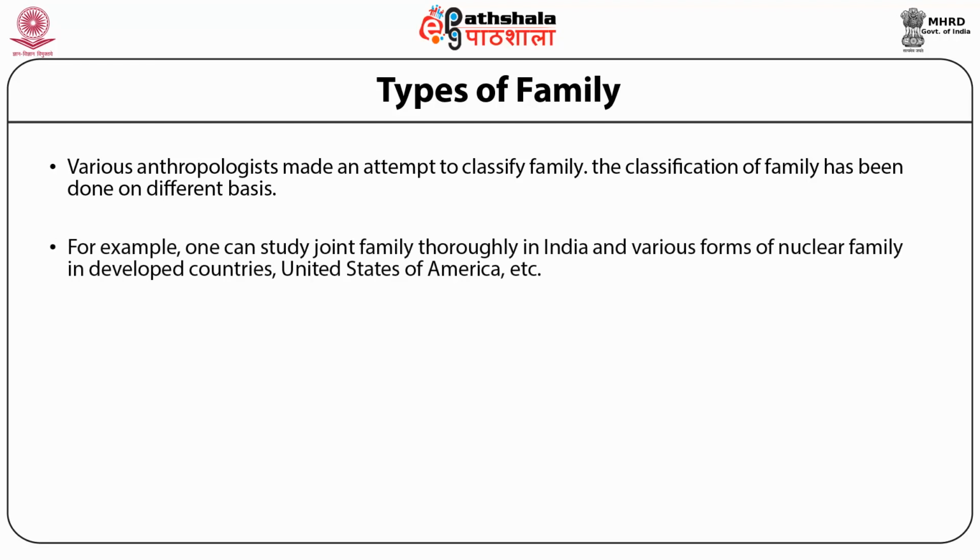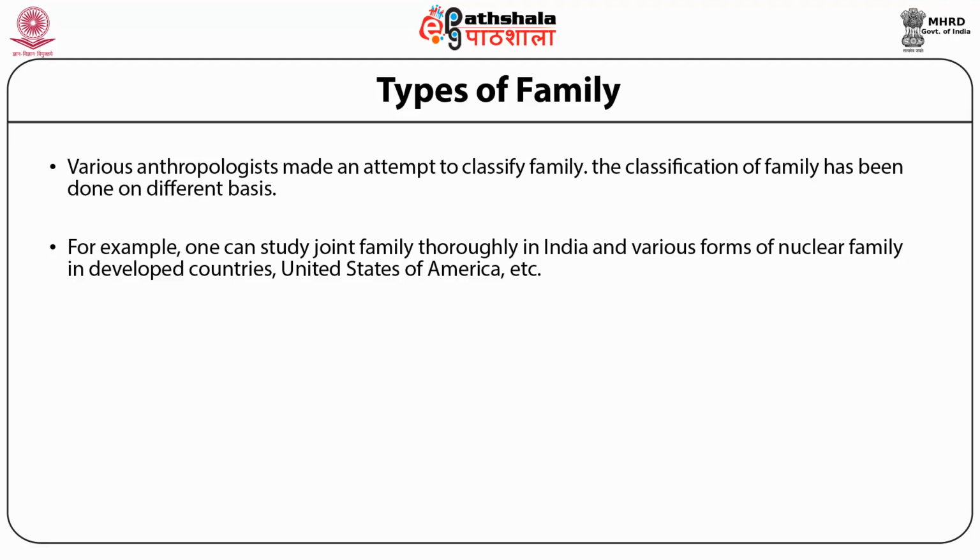For example, one can study joint family thoroughly in India and various forms of nuclear family in developed countries, United States of America, etc. No doubt, many factors, variation in culture and social values exist, thus different types of family are found. Therefore, it is difficult to provide a universal classification of family.